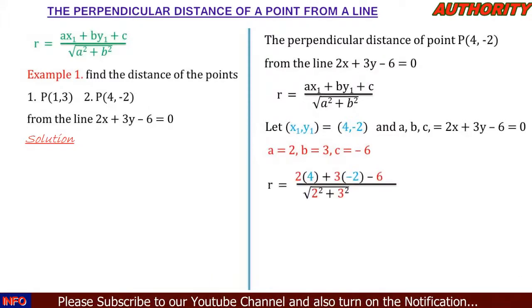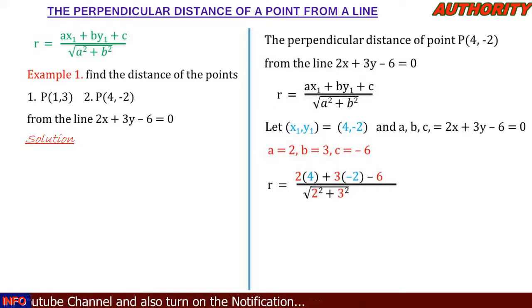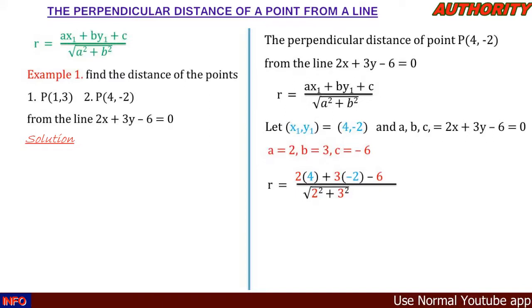We have r is equal to 2, which is a, open bracket, 4, which is x1, plus 3, which is b, open bracket, minus 2, which is y1, minus 6, which is c, all over the square root of 2 squared, which is a squared, plus 3 squared, which is b squared.